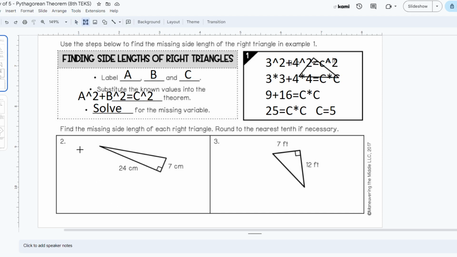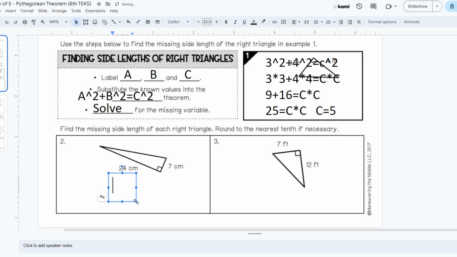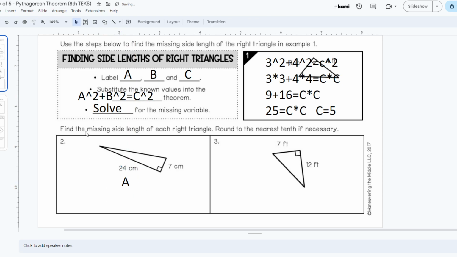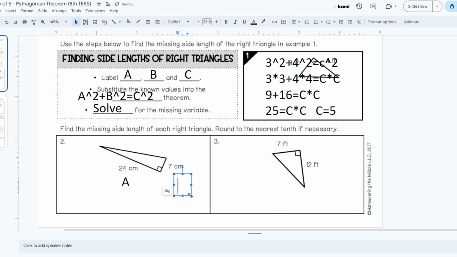So first we identify our A, B, and C, so our legs and our hypotenuse. So first I'd say, okay, here's a leg, so that's going to be A. Here's another leg, so this is going to be B. And my C value is the hypotenuse.